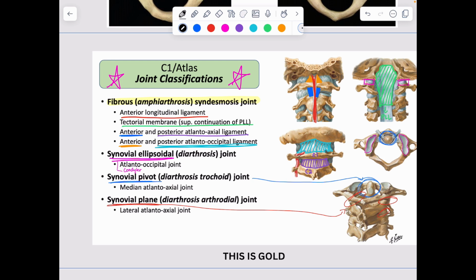The anterior and posterior atlanto-occipital, the blue and the orange. And then you can follow all these. So you have to know all of these. It's easier with a picture, but you also have to know in your head that C1 has all of these joint classifications, right? There's 6 fibrous, 1 synovial ellipsoidal, the atlanto-occipital, 1 synovial pivot, the median atlantoaxial, 1 synovial plane, the lateral atlantoaxial.